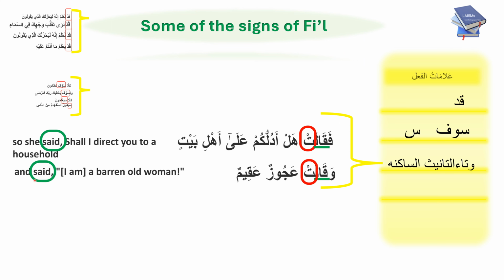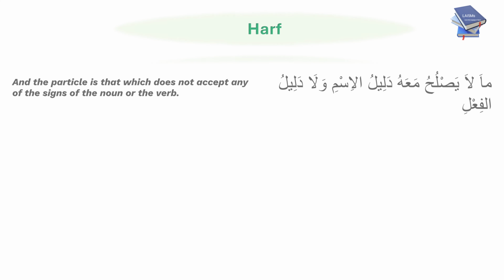The equivalent is said. حرف. Very simple. ما لا يصلح معه دليل الاسم ولا دليل الفعل. And the particle is that which does not accept any of the signs of the noun or the verb.